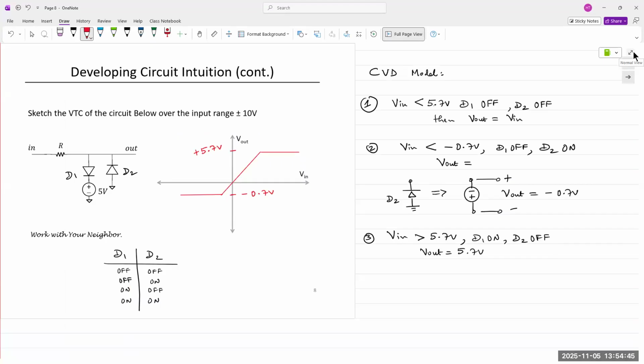Does this make sense? As long as you're consistent with your procedure, taking it step by step, you will arrive at the right answer. A problem similar to this is guaranteed to be on the final exam. So if you want to note it down, I'll have it on the final exam page as we get closer to the last week of class, but you might want to note it down right now.